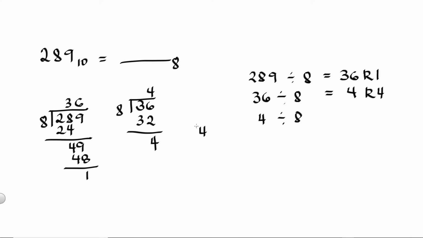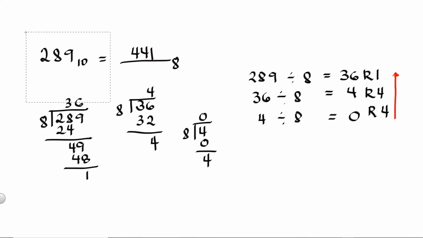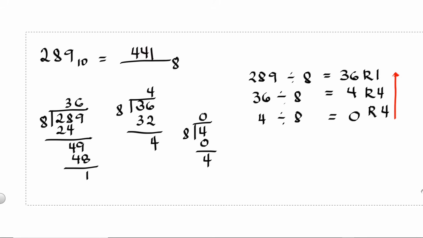So 4 divided by 8 is equal to 0. 0 times 8 is equal to 0. And 4 minus 0 is equal to 4. So the answer is 0 remainder 4. Then read this one from bottom to top. So the octal value of 289 decimal is 441.